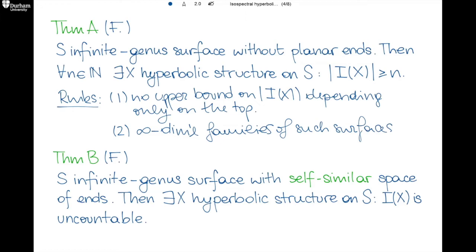Meaning that in a sense, I have infinitely many directions in the parameter space of hyperbolic structures to deform my surface X and still get hyperbolic structures with large isospectral families.